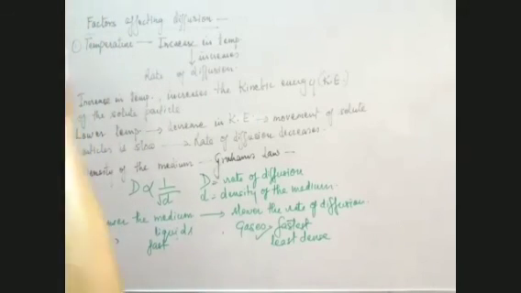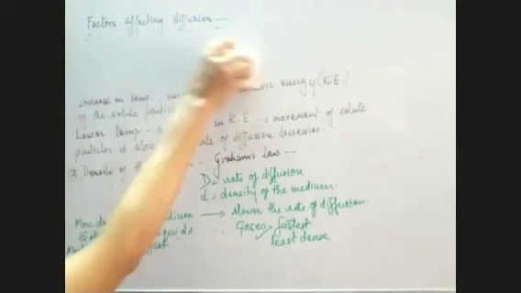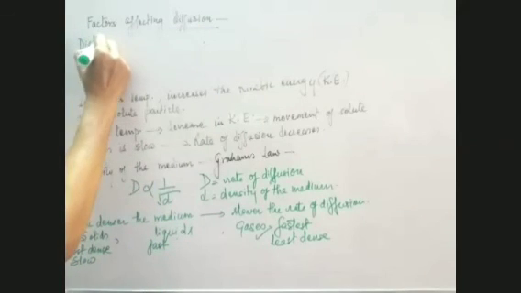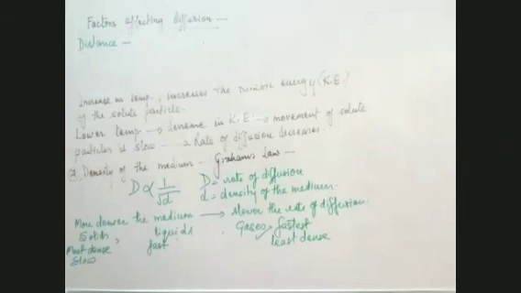The third point which affects the rate of diffusion is the distance. How does distance affect the rate of diffusion? See, if the solute particles have to travel a long distance, then the rate of diffusion will be slow. If the particles have to travel less distance, then the rate of diffusion will be more.